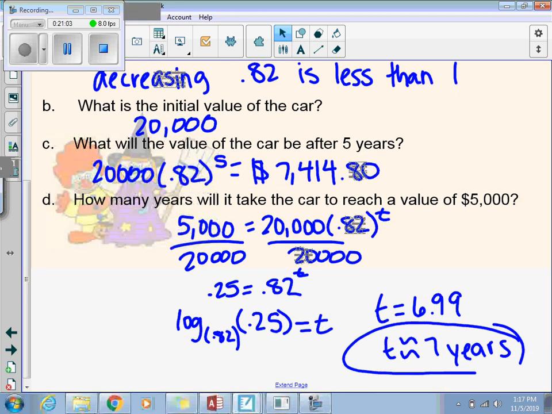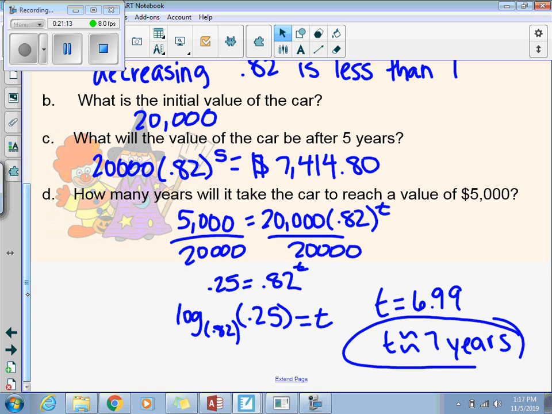Finding it after 5 years, you just create your formula and then plug in 5. So you should have gotten $7,414.80. And the last one was definitely the toughest one there. You were solving for the time, so we would have divided by that 20,000, and then taken the log base 0.82 of that, and found that it was approximately 7 years.